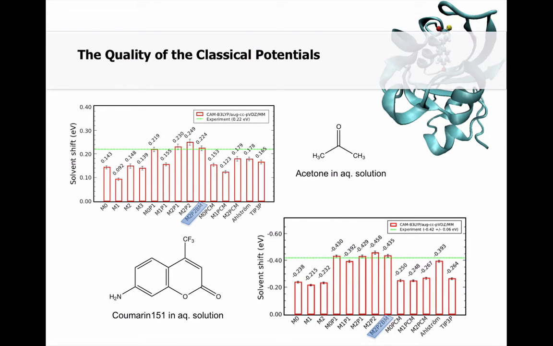This increase in the accuracy when moving up the force field hierarchy is of course also reflected in calculations on molecular properties. In this case here, we have been interested in calculating the solvatochromic shifts for acetone and for coumarin, both in aqueous solution.